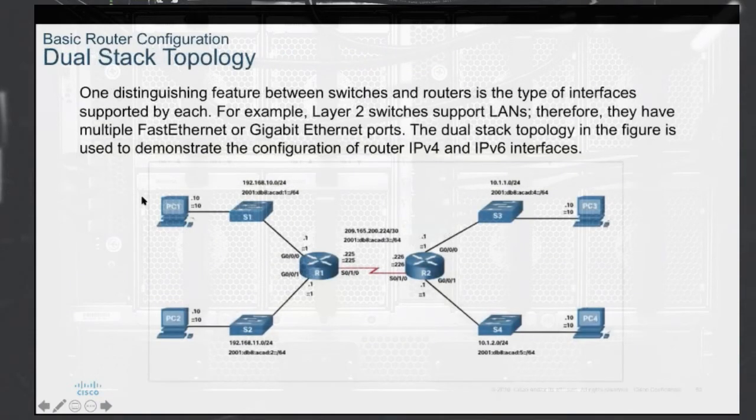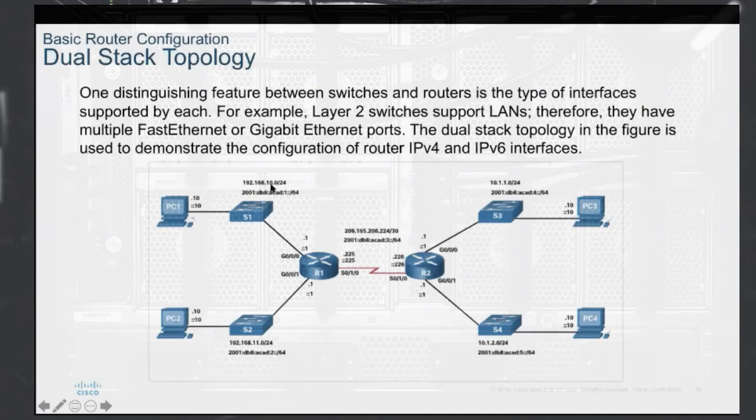Again, there's this dual stack topology. So nowadays we support both IPv4 as well as IPv6 addresses. In this topology, you could see that this line above is the IPv4, and this one below is the IPv6, right?